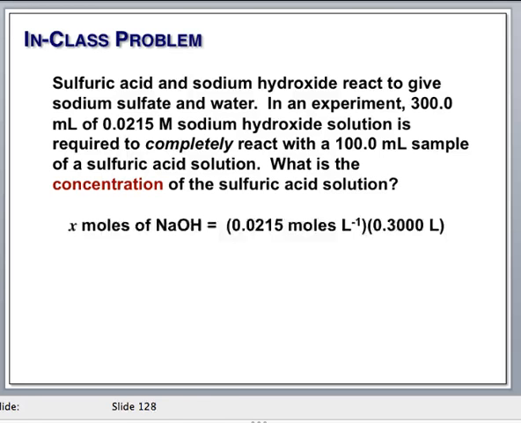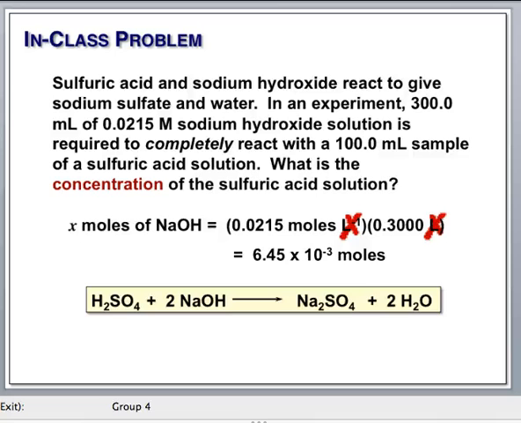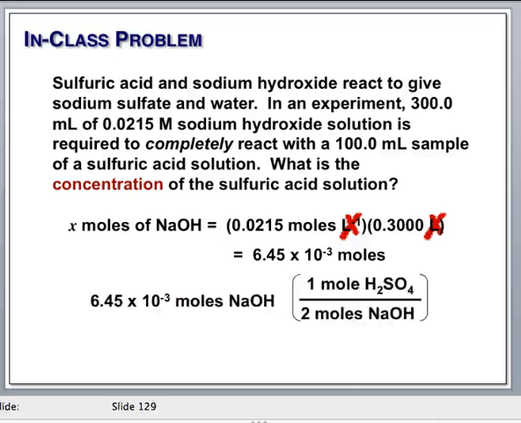Moles of sodium hydroxide, concentration times volume. We have 6.45 times 10 to the minus 3 moles. It takes 2 hydroxides for every sulfuric acid. How many sulfuric acids do we have? 2 hydroxides for every sulfuric acid. Sodium hydroxides cancel. We simply take this, that's what I thought.